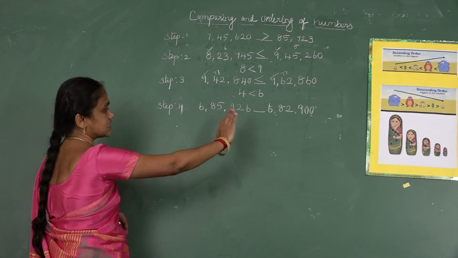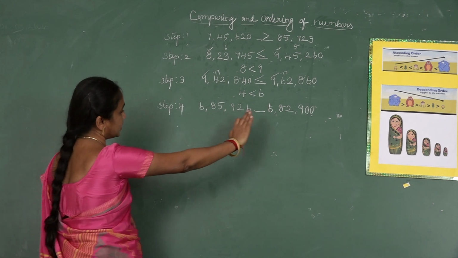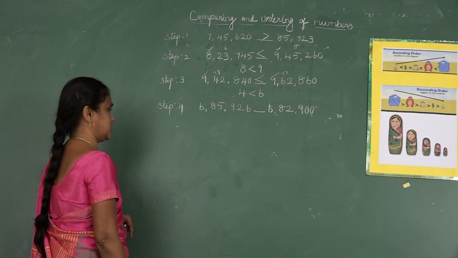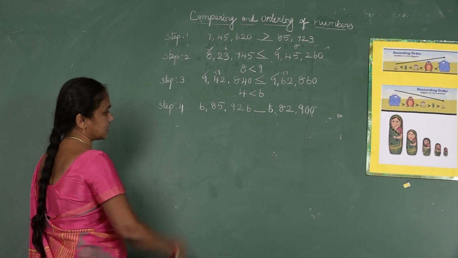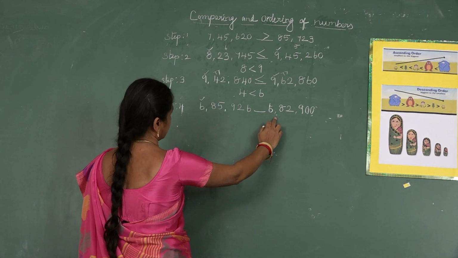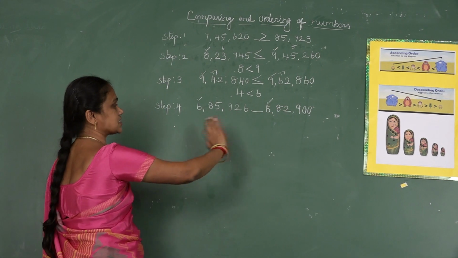These two numbers are 6-digit numbers. The number of the digits are equal in these two numbers. So we compare the last digit. In last place, here 6. In this number, the last place 6. The last digits are same.